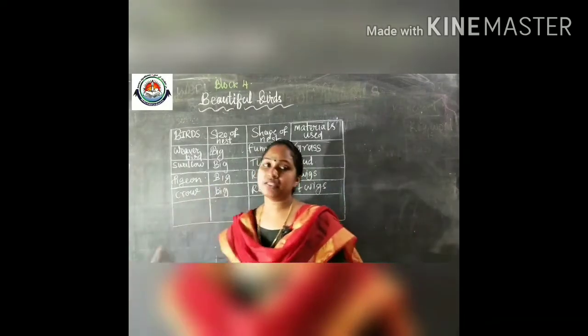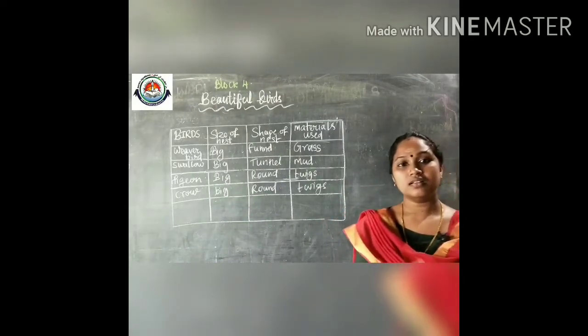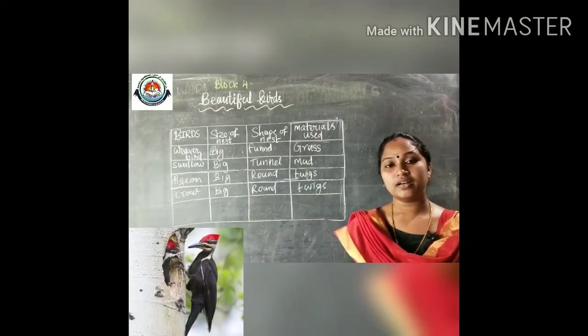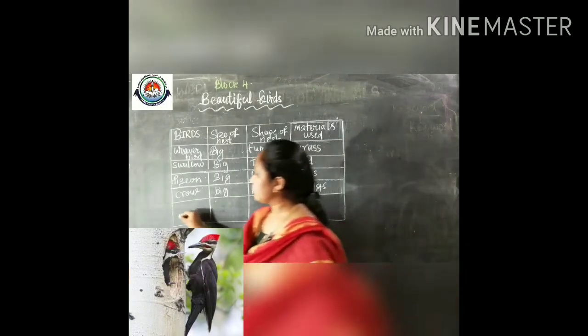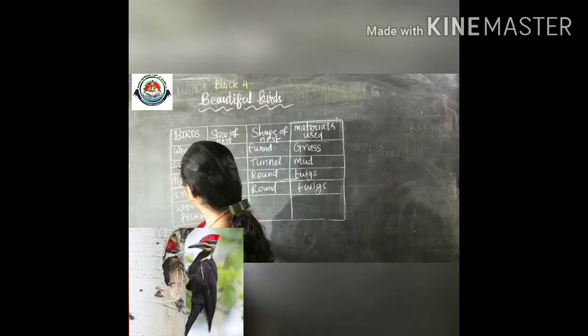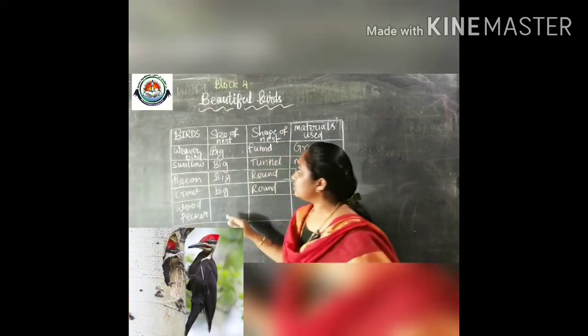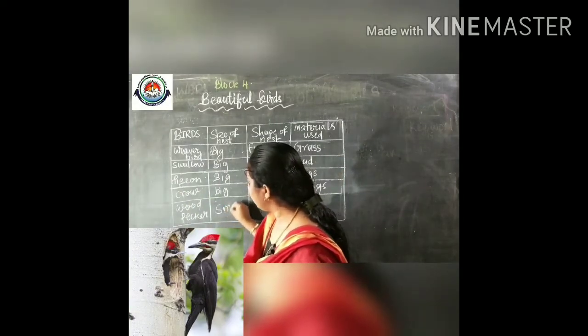And the last picture you are going to observe, the bird is woodpecker, and also see their nest. Woodpecker. What about the size of their nest? Small.